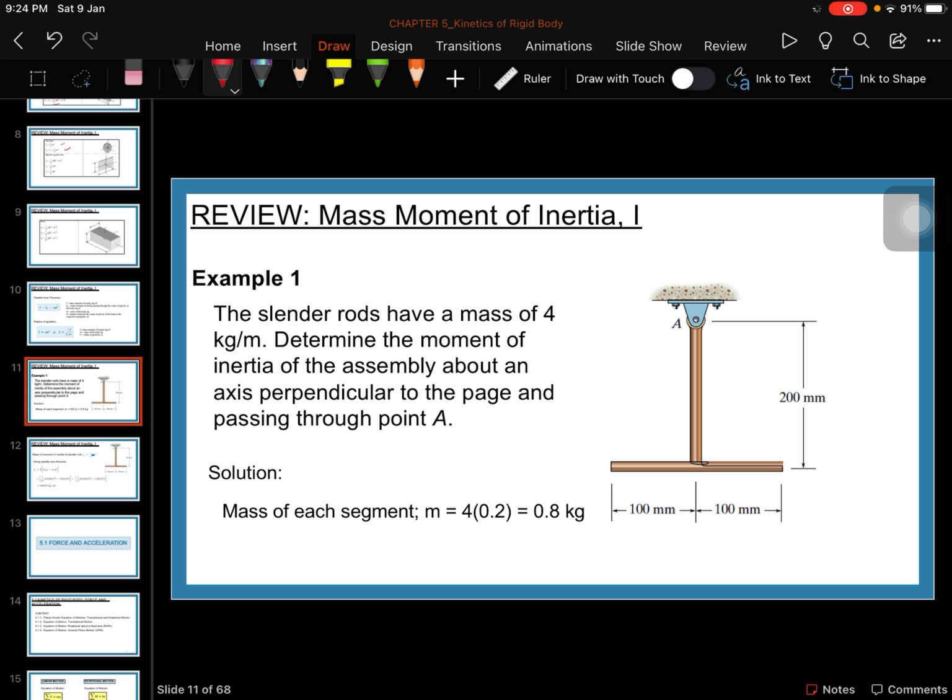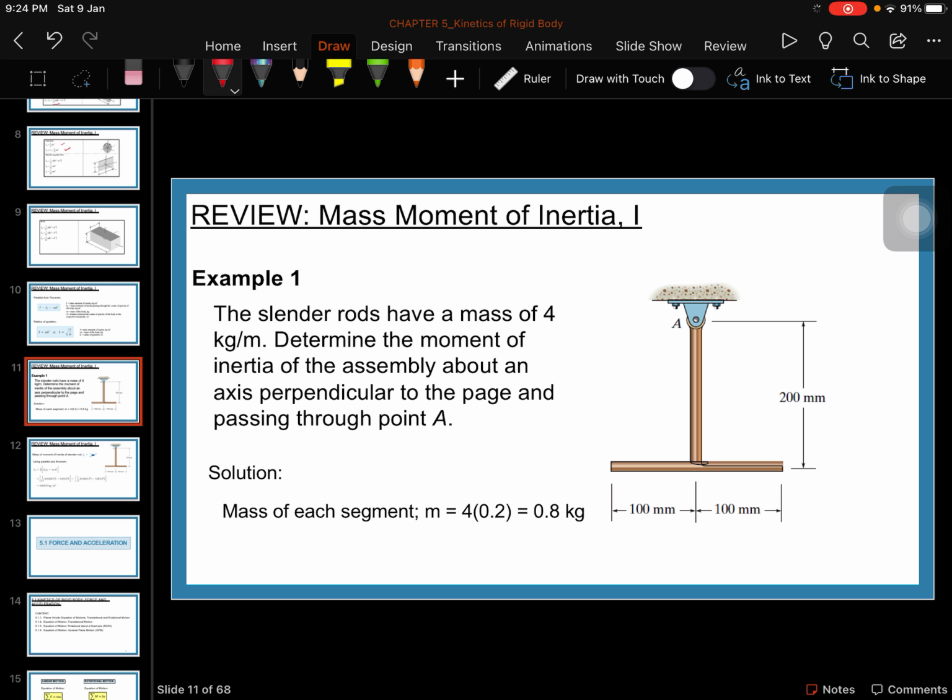Let's do a review. Example 1, to find mass moment of inertia. The slender rod has a mass of 4 kg per meter.